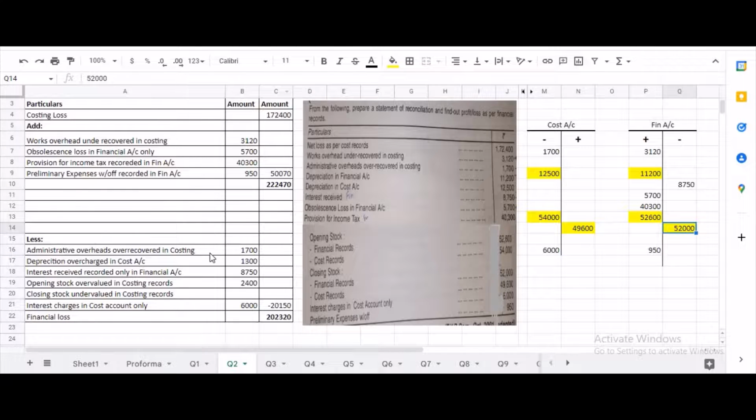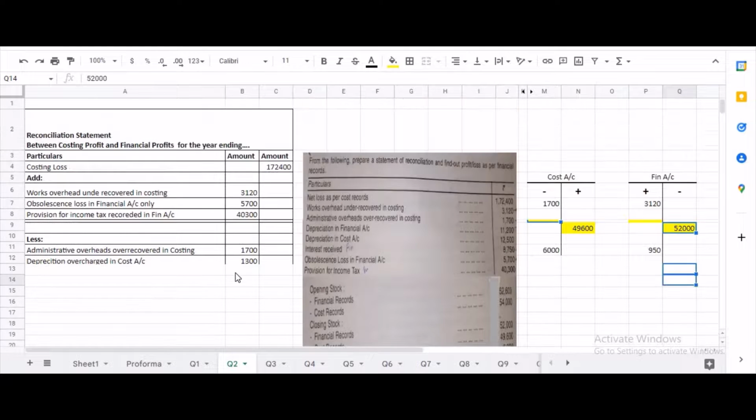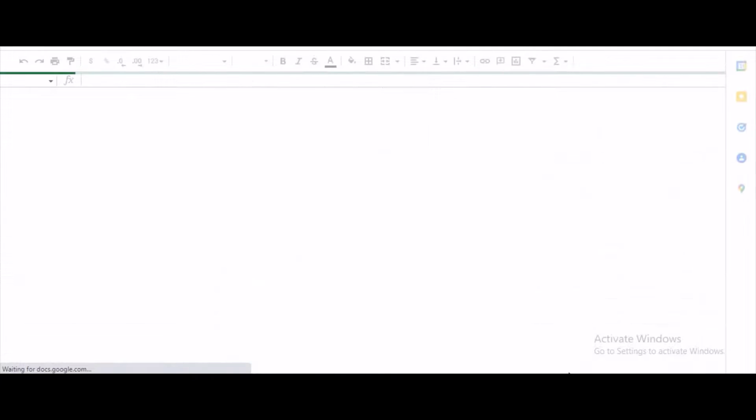Administrative overhead over-recovered in the costing is 1,700. Then depreciation overhead in the cost account is 1,300. Interest is recorded only in the financial account: 8,750, minus. Opening stock overhead in the cost account is 2,400, minus. Then the stock overvalued in the costing record.